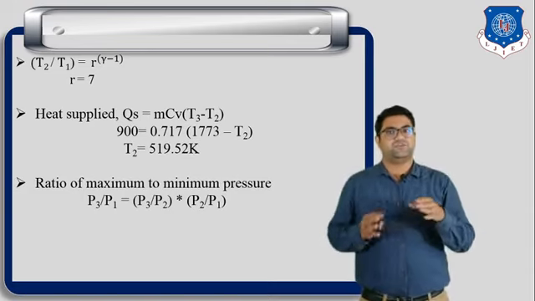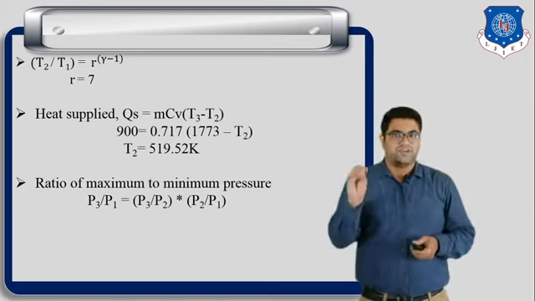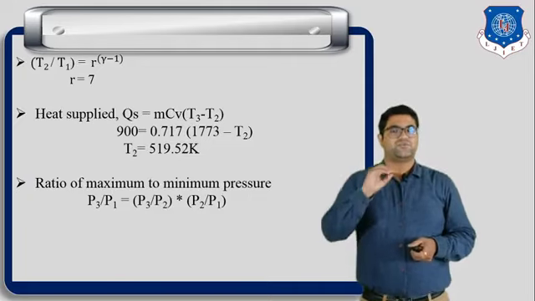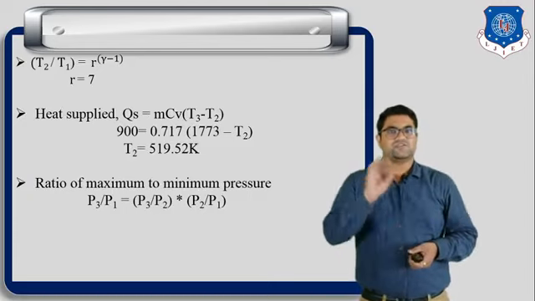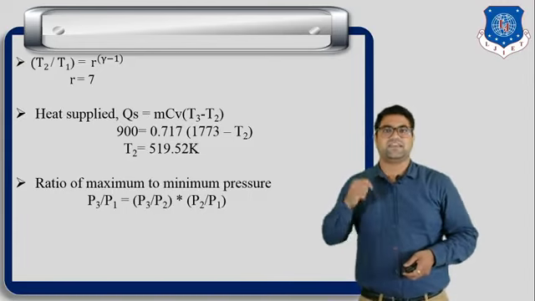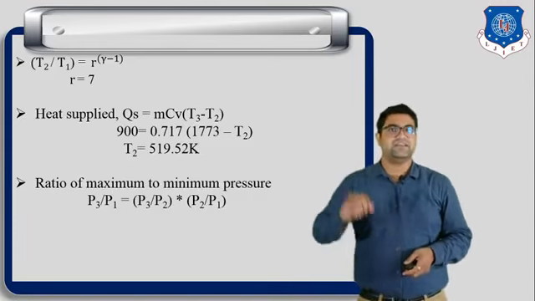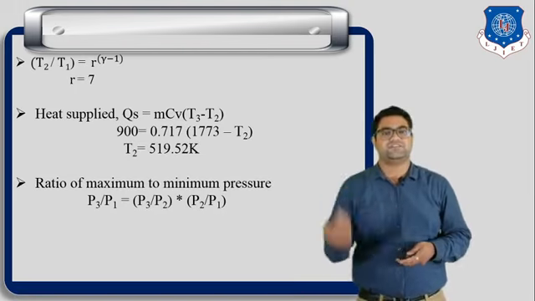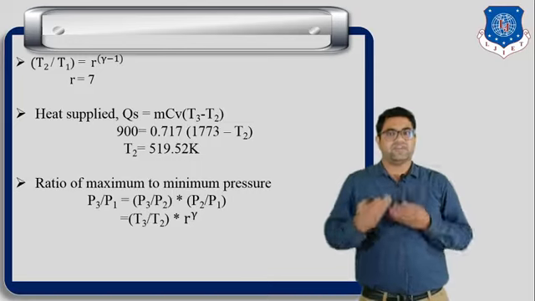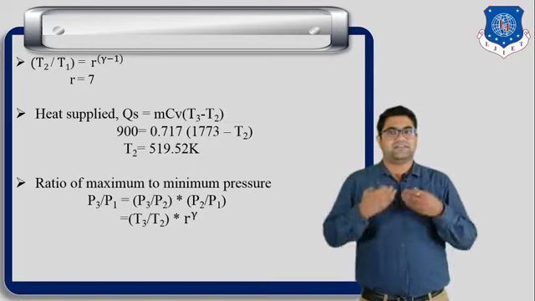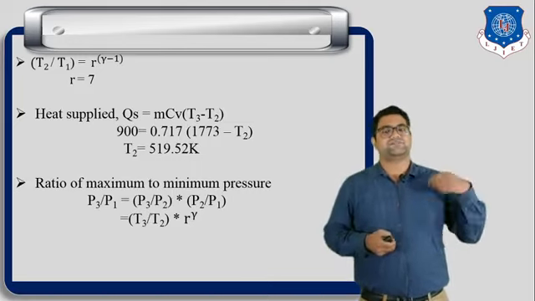Here we know process 2 to 3 is a constant volume process. So for the constant volume process we can write the PVT relation as P3 by P2 is equal to T3 by T2. So we can write T3 by T2 into P2 by P1, and P2 by P1 is equal to the compression ratio r raised to gamma.